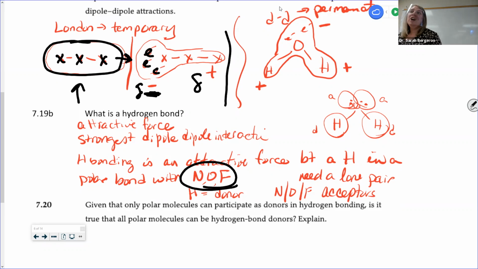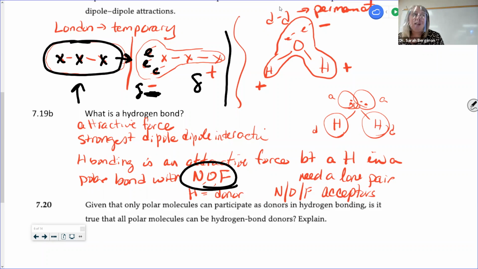Hydrogen bonding is no fun. NOF, right? Look on the periodic table. Who's the most electronegative? Fluorine, that floozy. Who's next to fluorine? Oxygen. Who's next to oxygen? Nitrogen.